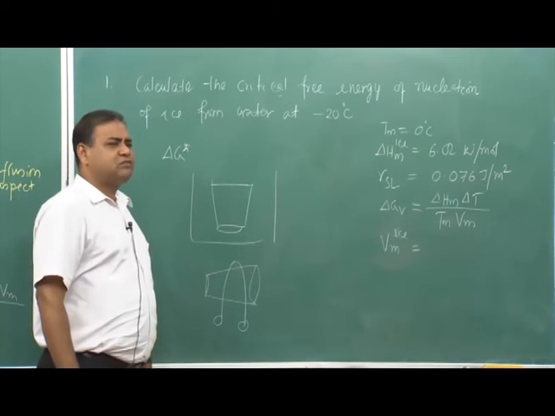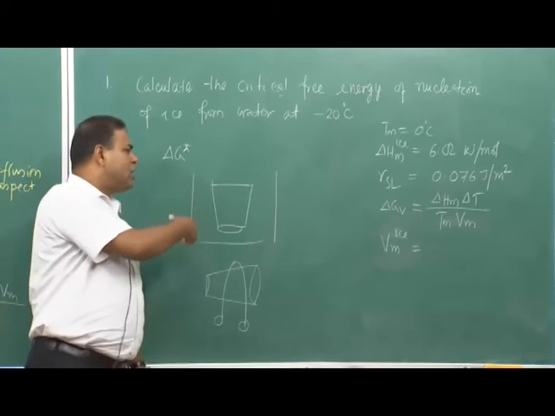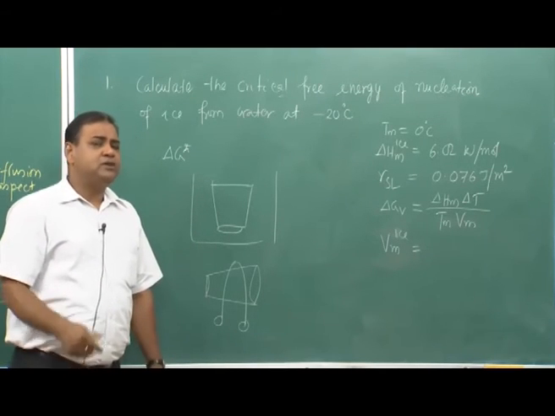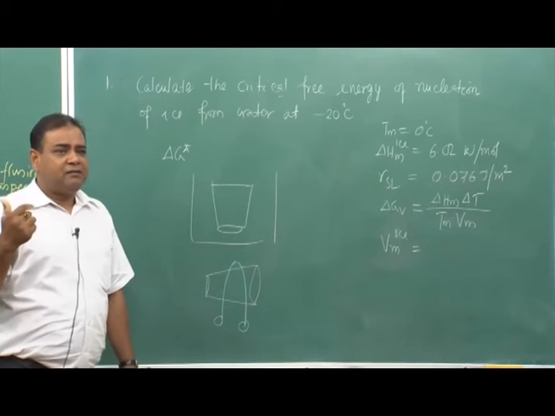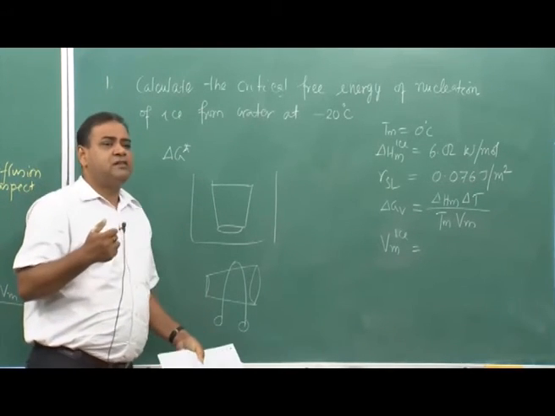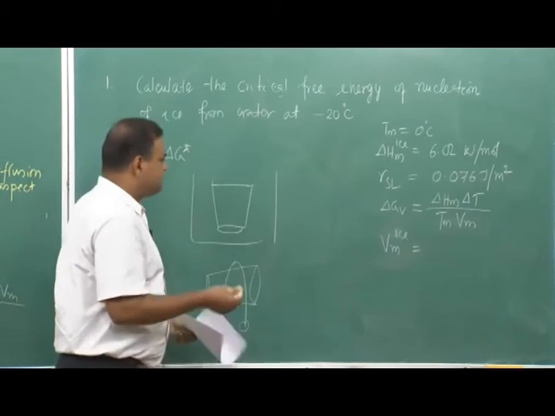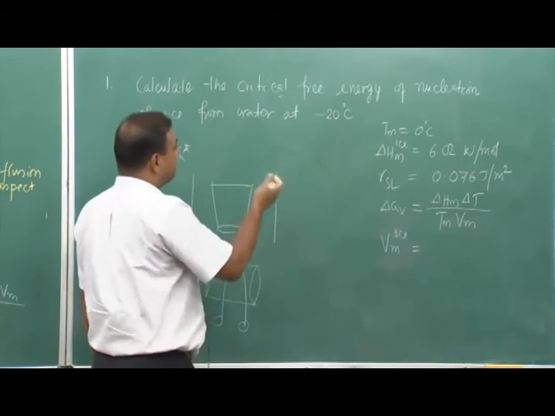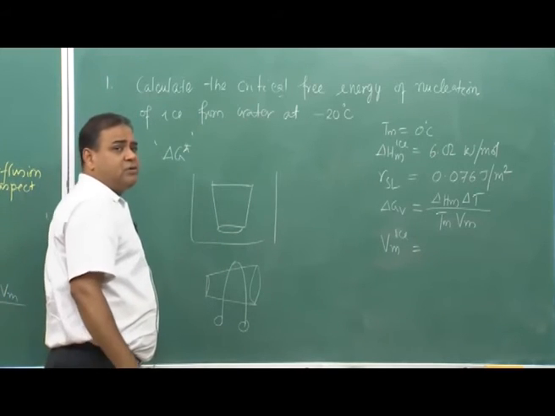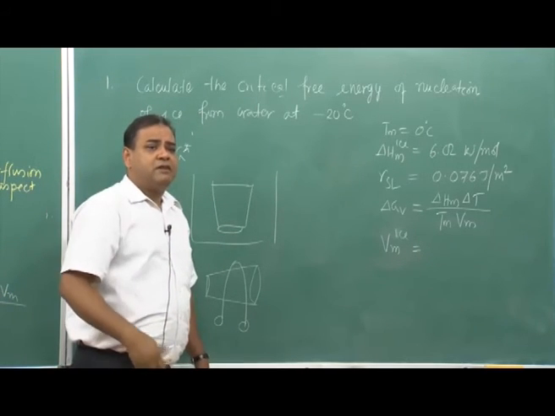We call it the Clausius-Clapeyron effect, but we will not consider it right now. When we talk about steel heat treatment, it might come across. Right now we are not considering it, because our basic assumption was that liquid to solid transformation does not have any volume change.